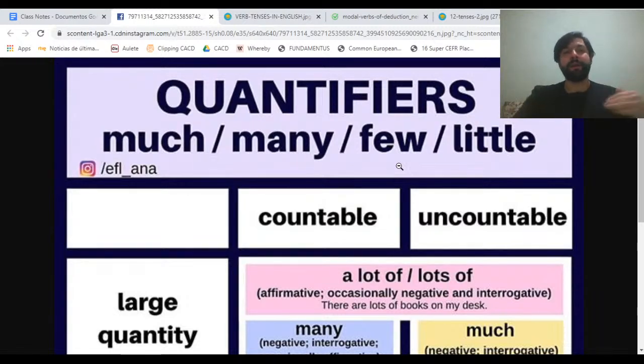Or the combined words: everybody. You will never see in English everybody's in the plural form, or everything's. No, everything, everybody, everyone. So this could be a tip to remember that every is always with singular things.